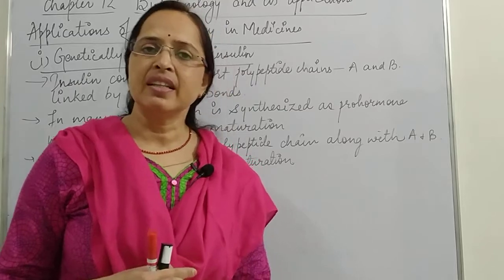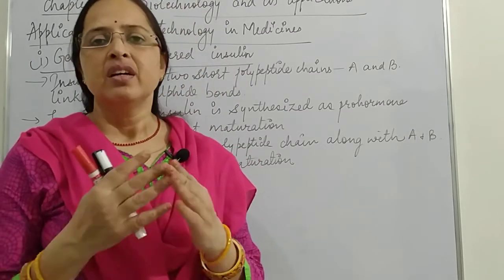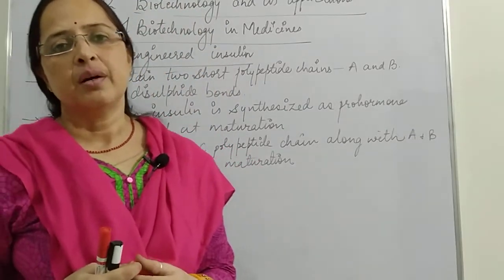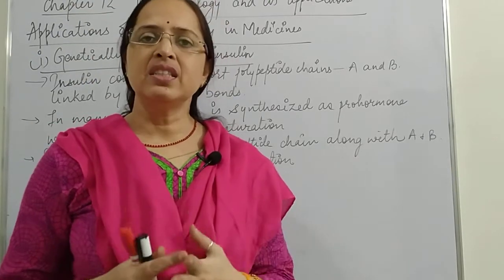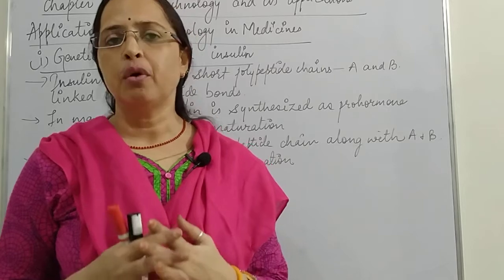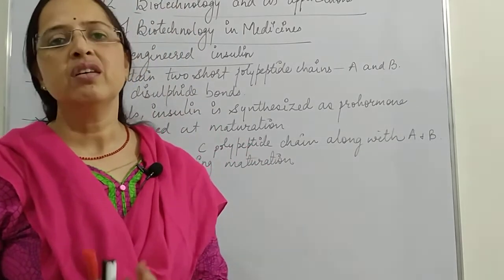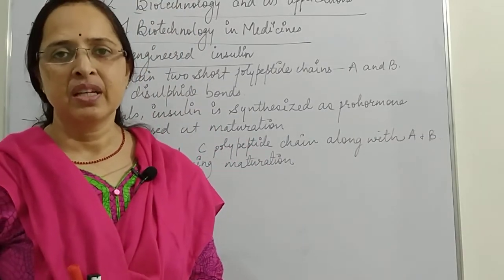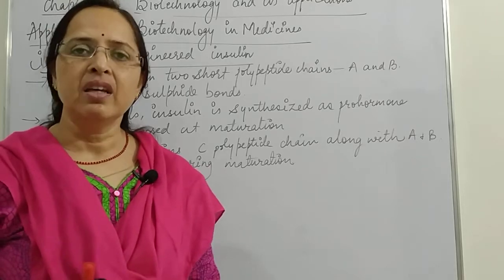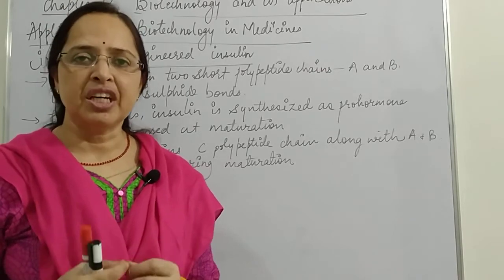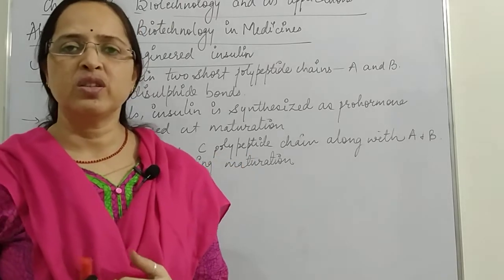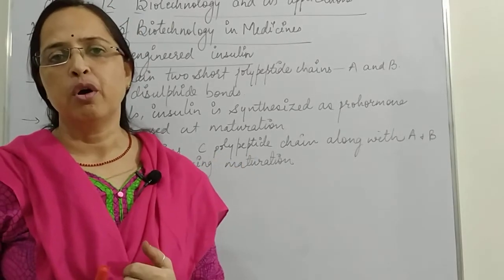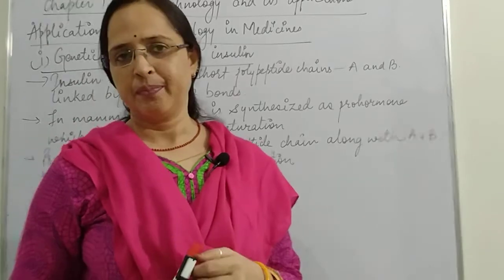So how is it done? In biotechnology, an American company named Eli Lilly first started the production of insulin in the laboratory. This was done by incorporating insulin-specific genes into the plasmid of the bacteria E. coli.